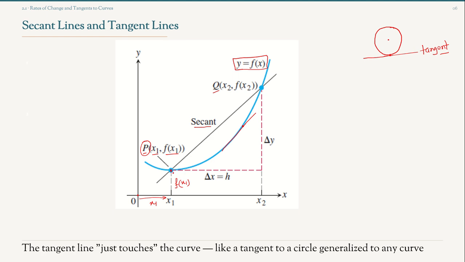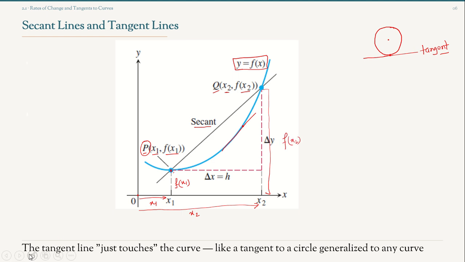Then we have another point on the graph, that is Q, and the coordinates of Q are x2, f of x2. So from here the value of x2 is this, and then f of x2 is up to this.